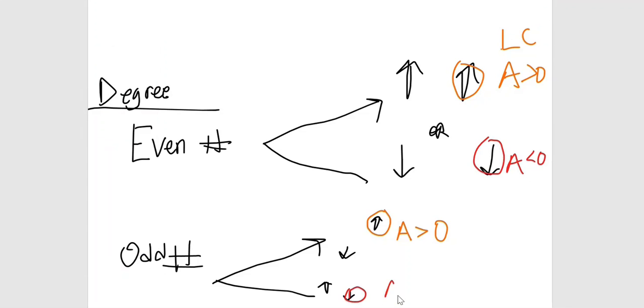And then if you know what the right side is doing, the degree is going to tell me what the other side does. Because if the right side is down and the degree is odd, then the other side has to go in the opposite direction. Whereas if the right side is down and the degree is even, then both sides go in the same direction. Does that make sense?